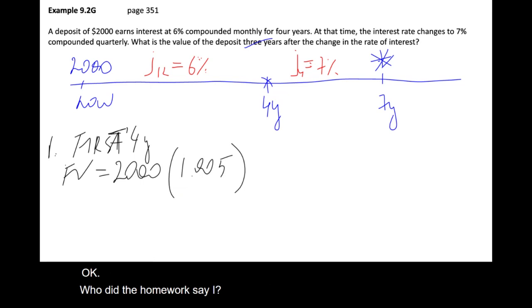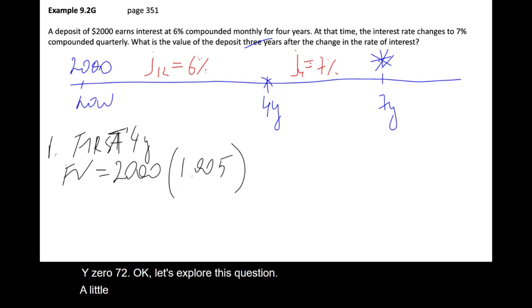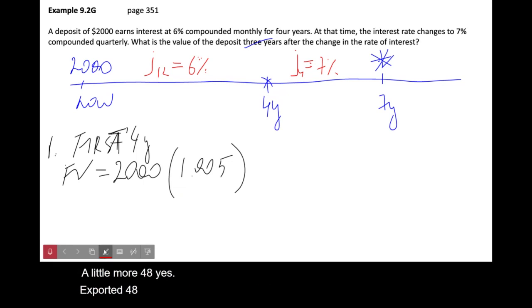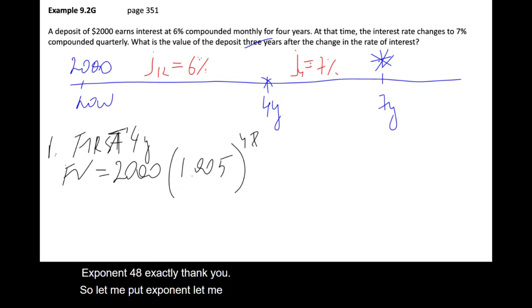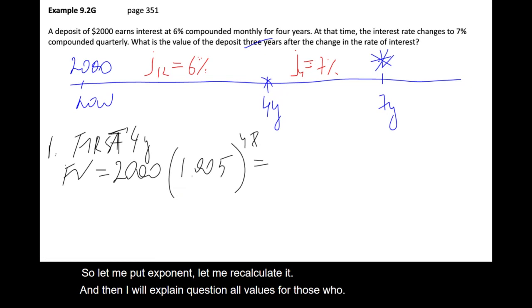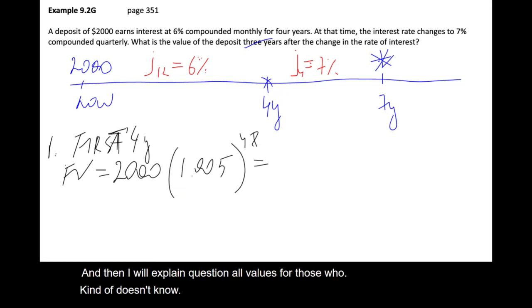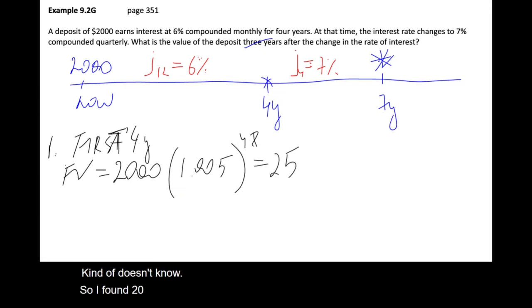Why 0.72? Okay, let's explore this question a little more. 48, yes. Exponent 48. Exactly. Thank you. So let me put the exponent and recalculate it, and then I will explain all the values for those who don't know. So I found $2,540.98. Please confirm my value.